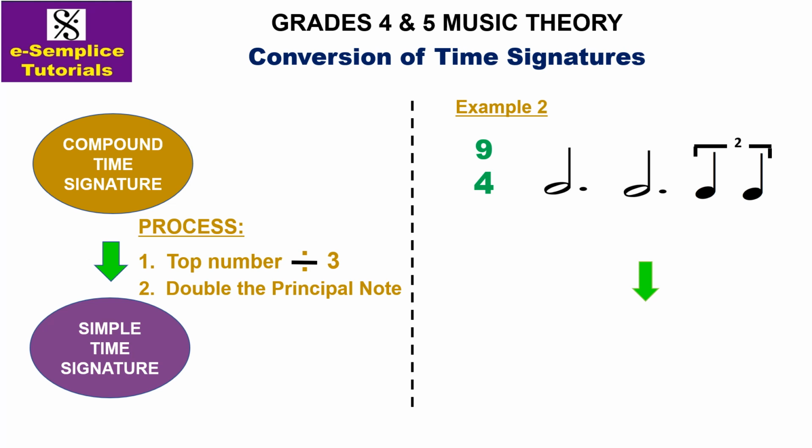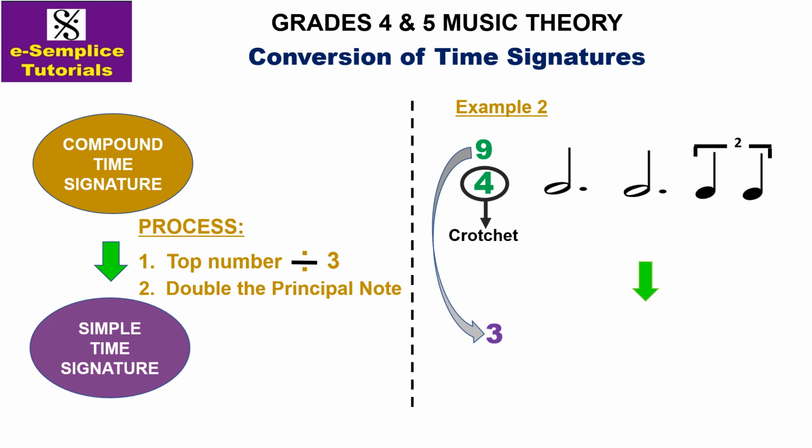Example 2. We are still converting from compound time to simple time. Step 1. Divide the top number by 3. So dividing 9 by 3, you have 3. Double the principal note. The principal note here is a crotchet.